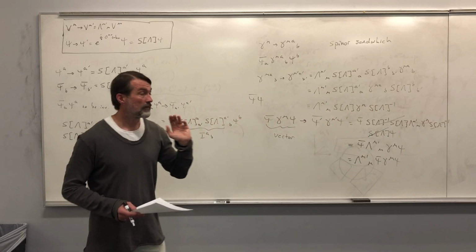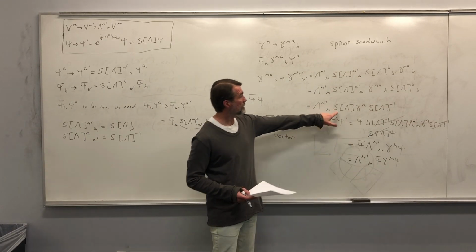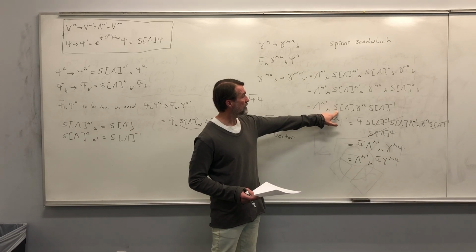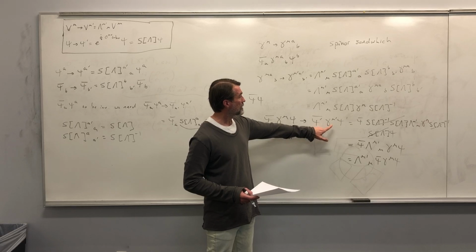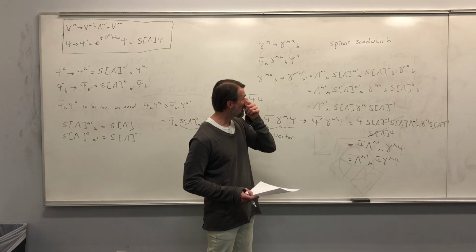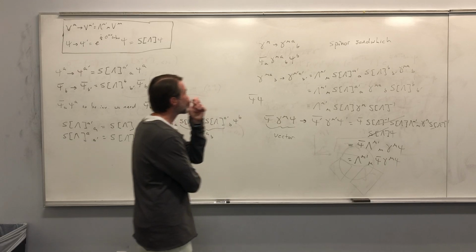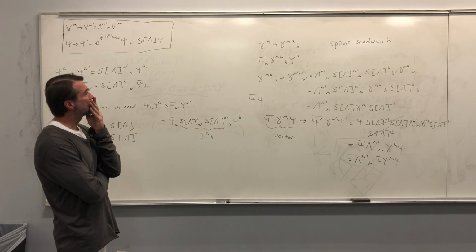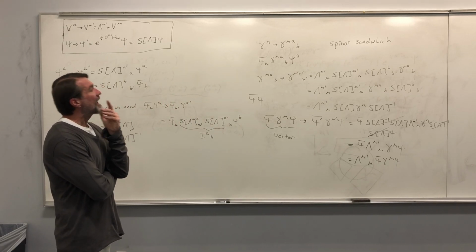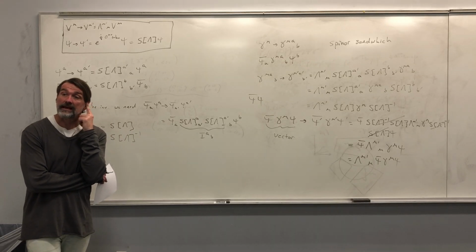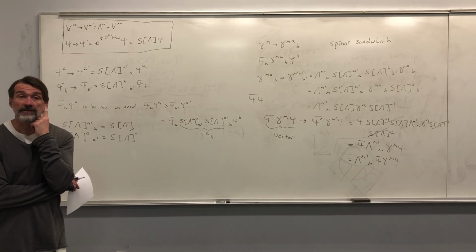Well, when you wrote it before, it was lambda, S lambda, and then the next line you put S lambda, lambda. So they commuted there. Oh, I see what you mean. Is it just because they're not in the same space? Yeah, no, that's it exactly. It's because they're not in the same space.